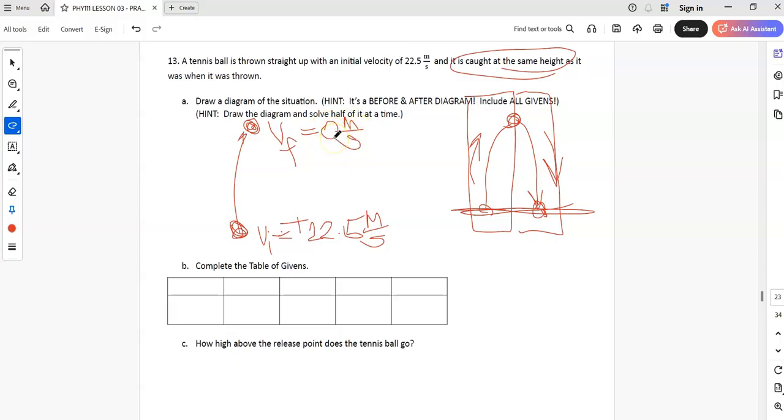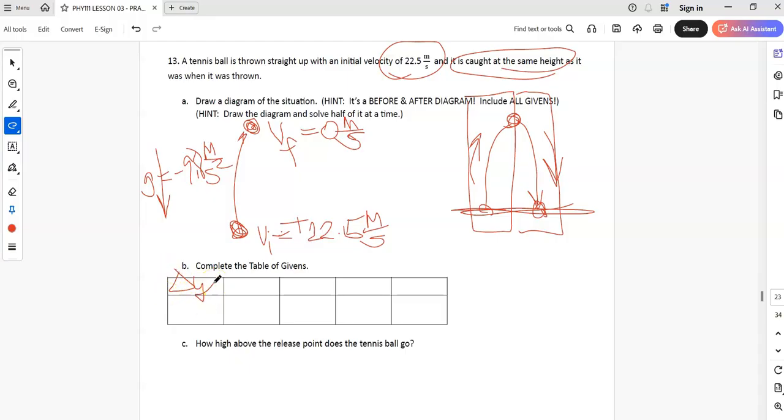So now we have a second number, even though there's only one number in this problem. And then, of course, we also know that gravity is present, and g is minus 9.8 meters per second squared. So now we have our diagram, we have all three numbers, and now we put it into our table.